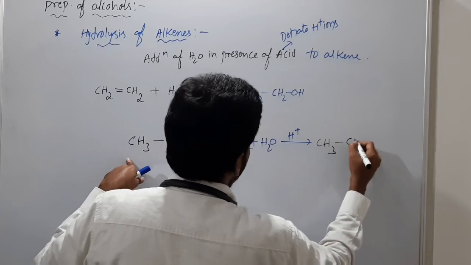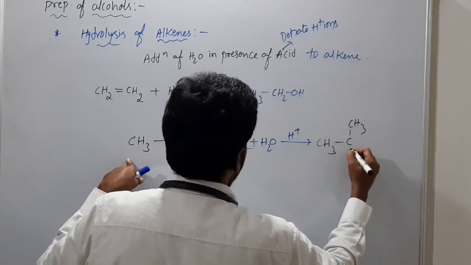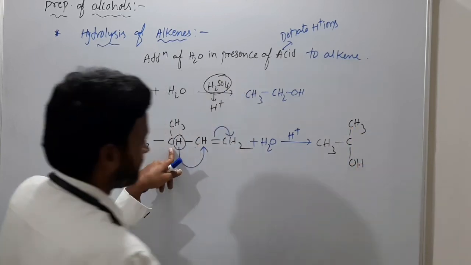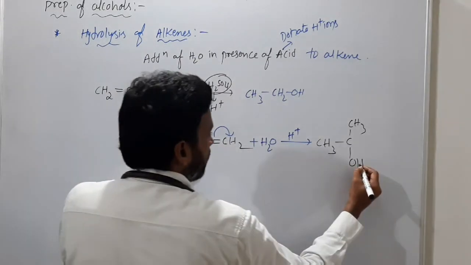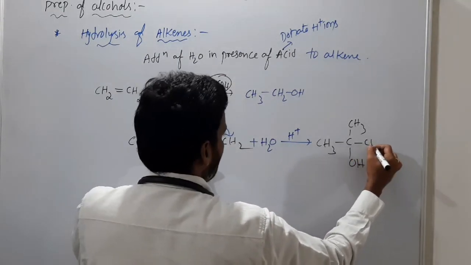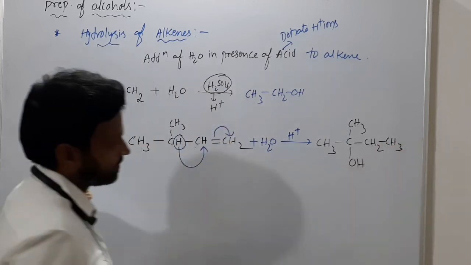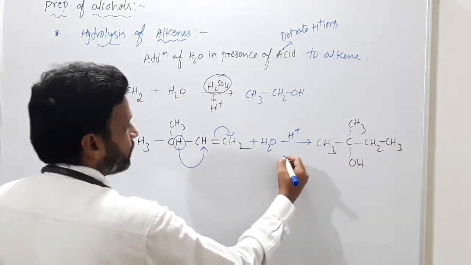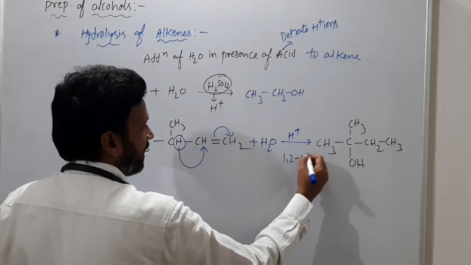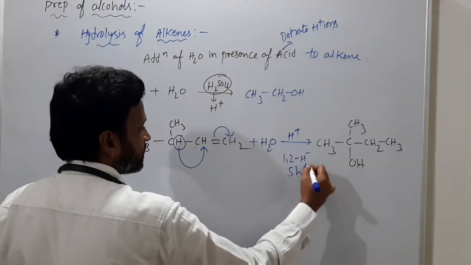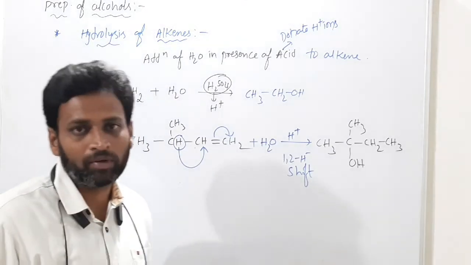CH3, C and CH3. At this carbon you will get OH, and here you are having CH2 and CH3 like this. This is what shift? Due to 1,2-hydride shift. I gave this in the previous class. Please recap all these things.